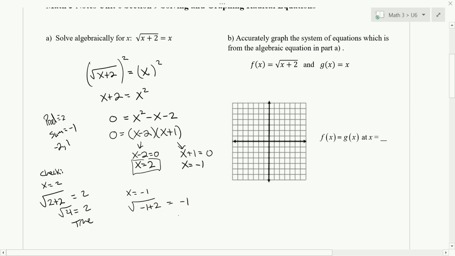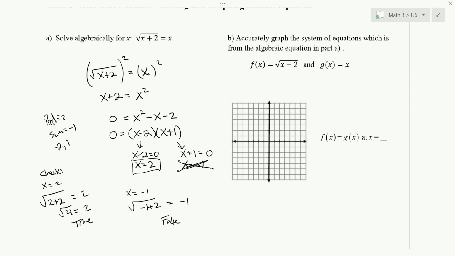And I already see an issue with that. You guys see an issue with that? If you take a square root, you cannot get a negative answer. And so this cannot happen, false, okay? And so we got to throw out that second one. So we have one answer, that x equals 2, solving algebraically.